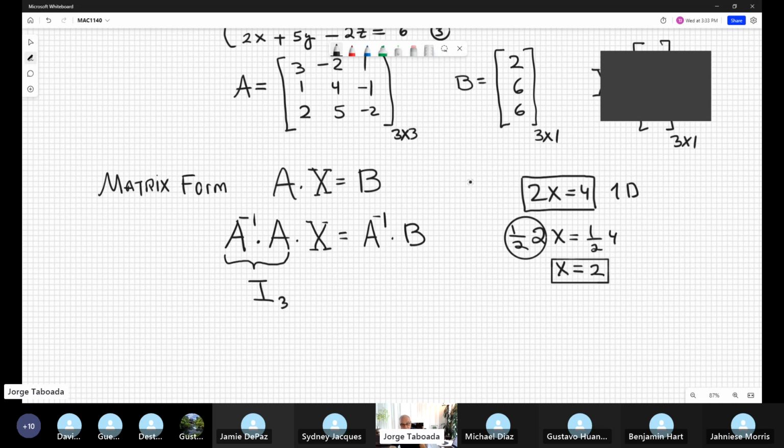In this example, but in general, we have I times X equal A inverse times B. And you know also that the identity matrix times X is exactly the same. So identity matrix working like a 1 multiplication by 1, que es invisible, no?